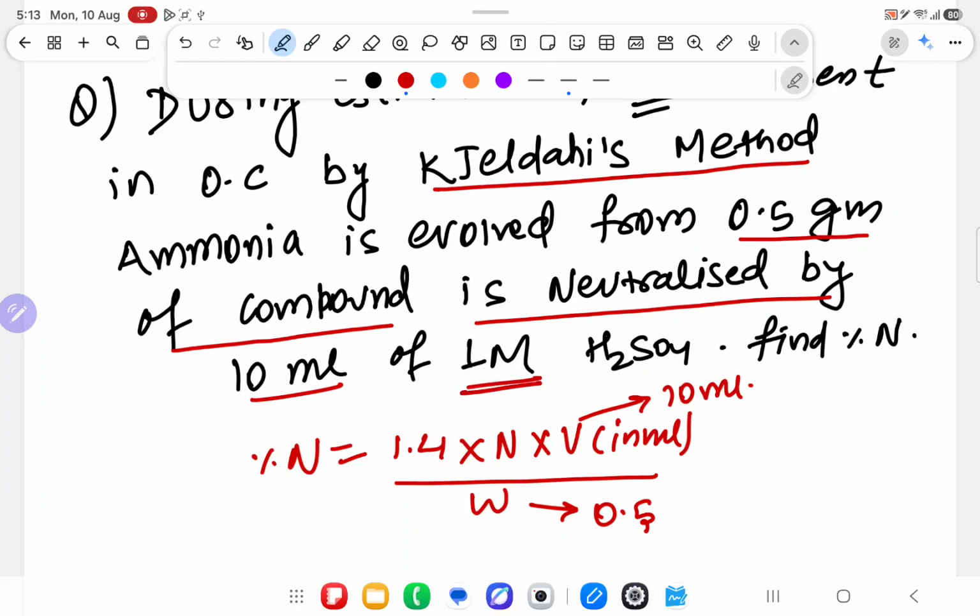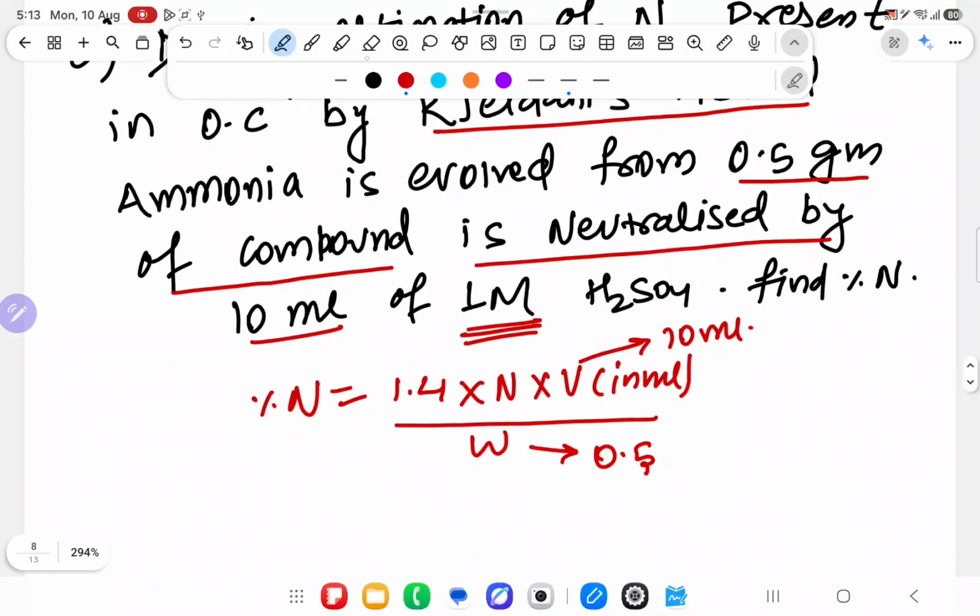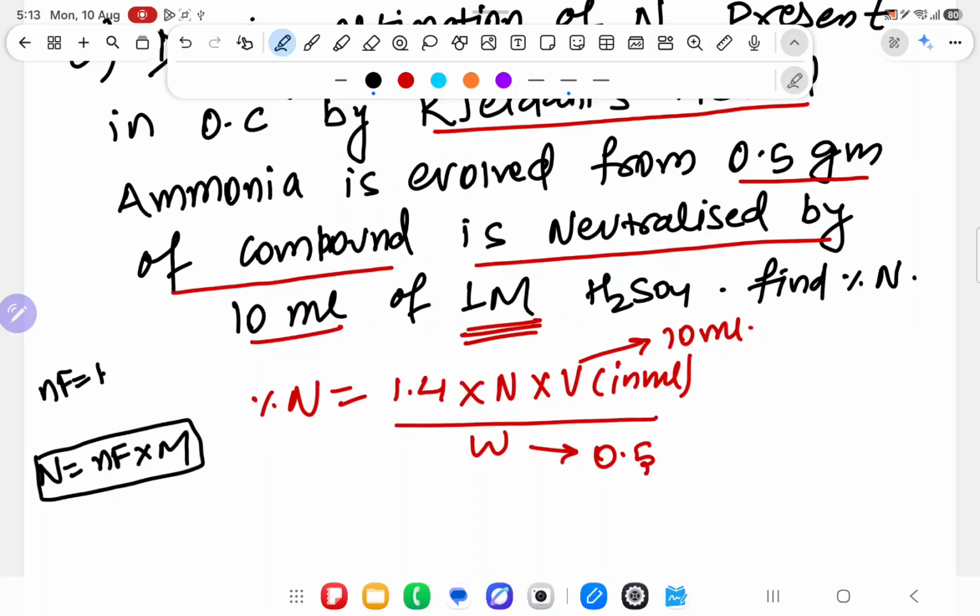Acha, normality is not given, molarity is given. If you didn't know, then you will come to know that normality equals n-factor into molarity. And what is the n-factor for H2SO4? It is the number of H plus ions. So how many H plus ions? 2. Molarity is 1, so normality is 2 into 1, which is 2.